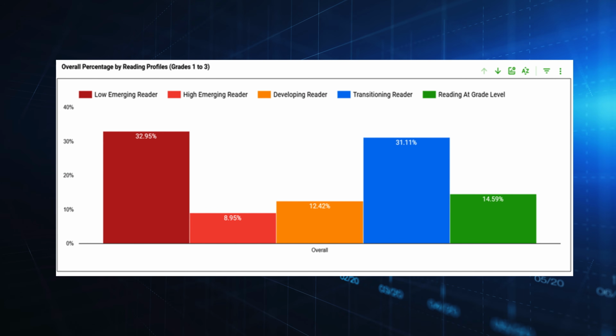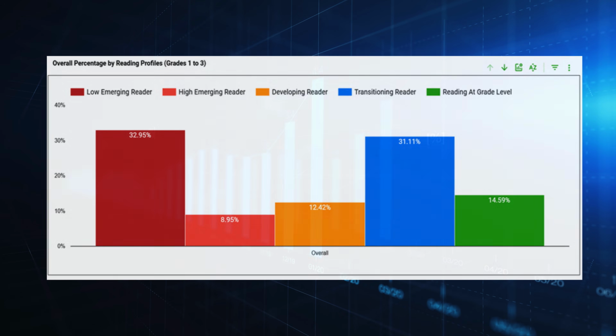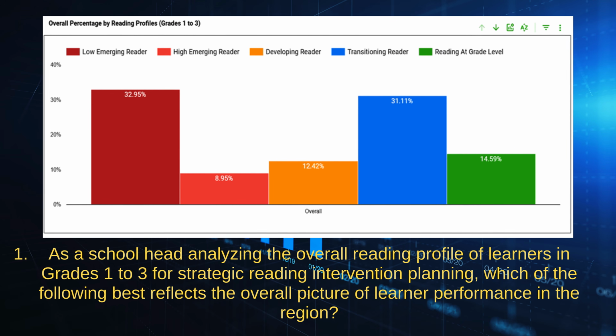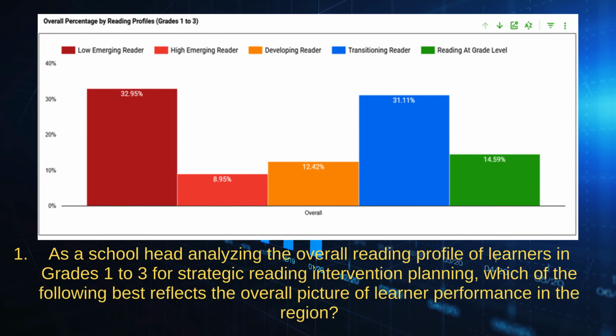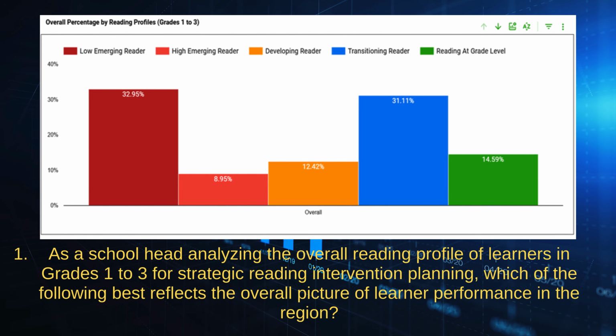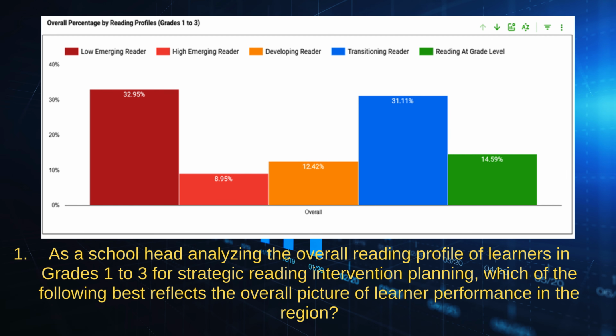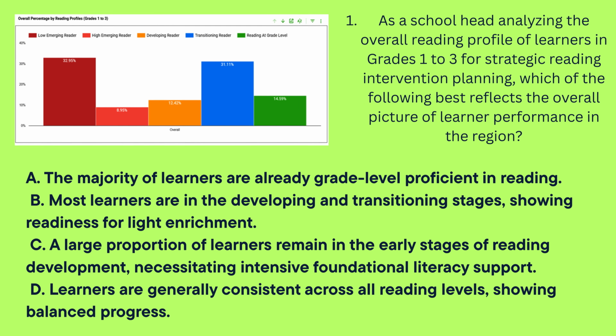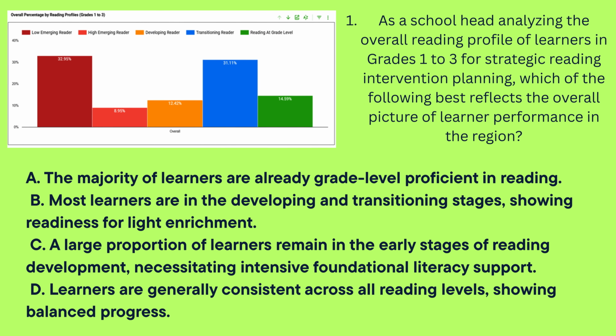Item 1. Take a look at the table. As a school head analyzing the overall reading profile of learners in grades 1 to 3 for strategic reading intervention planning, which of the following best reflects the overall picture of learner performance in the region? A. The majority of learners are already grade-level proficient in reading.